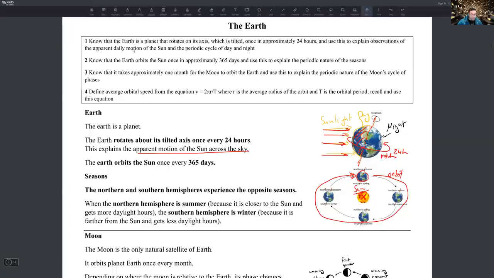The Earth orbits the sun, and it takes 365 days to finish one orbit, which is 1 year.